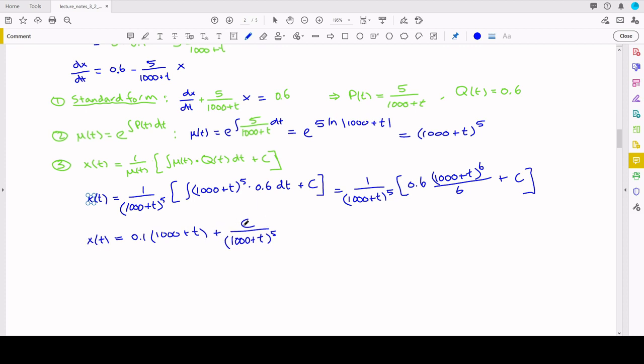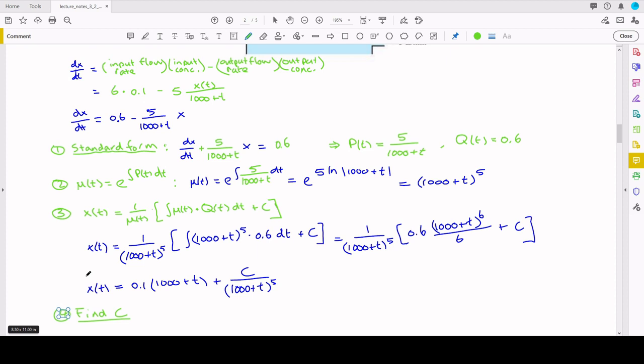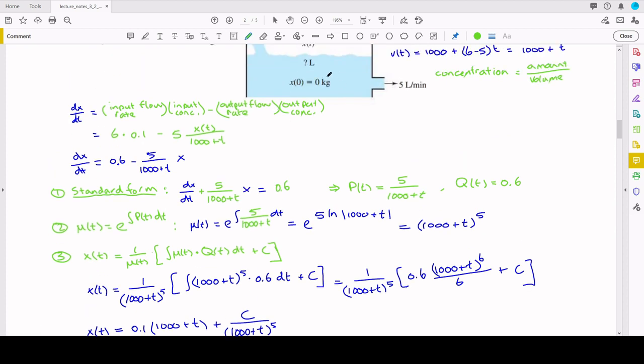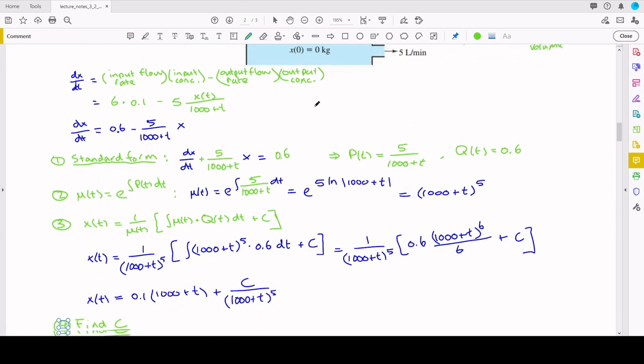Now to determine c, we need to use our initial condition. So that's our fourth step, is to find c. And what we need to know is that the initial condition is, again, x of 0 equals 0.